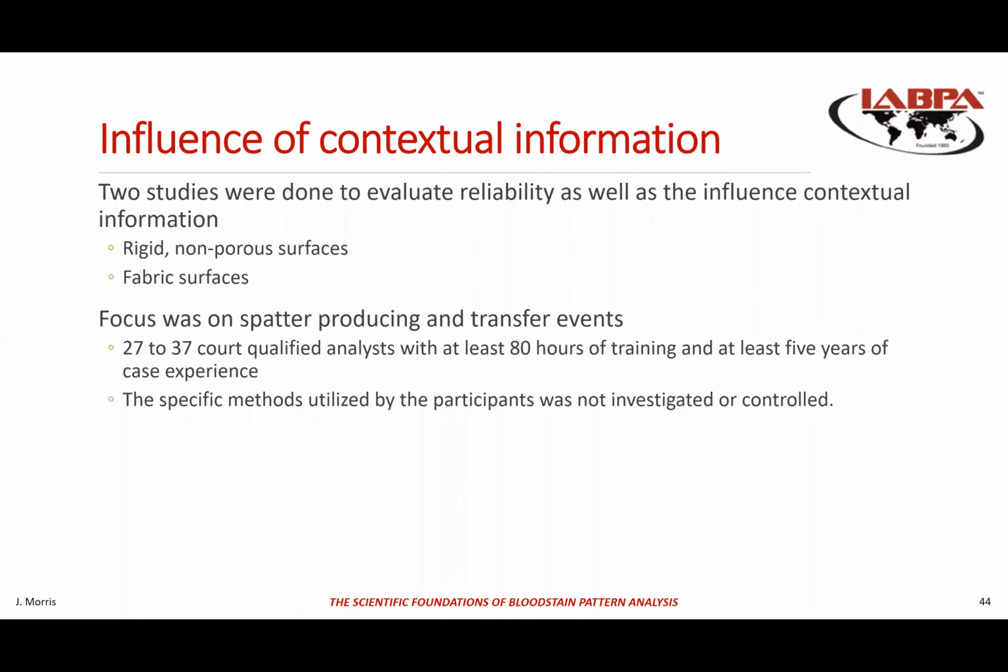Both of these studies looked at well-qualified analysts, 27 to 37 analysts who were qualified and highly trained, to make sure that they had people as part of the study who knew what they were doing. But what the studies did not do was control the methodology, and they also didn't evaluate the specific methodology in causing some of the errors that were reported.